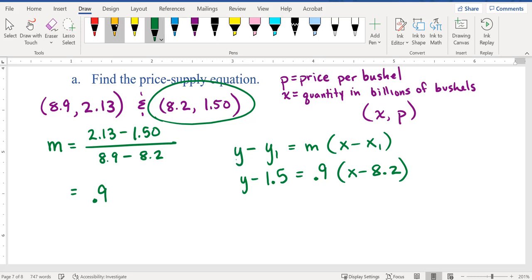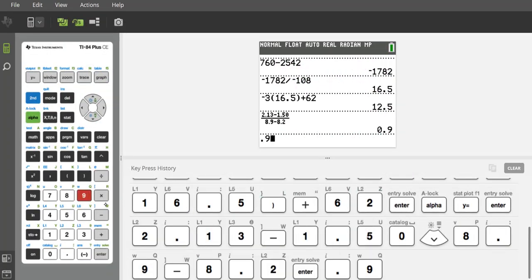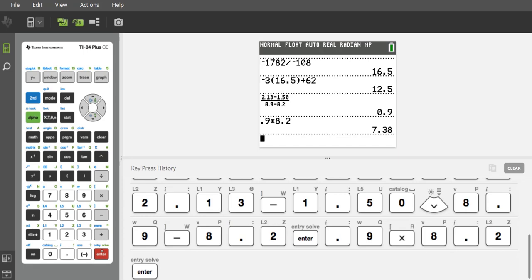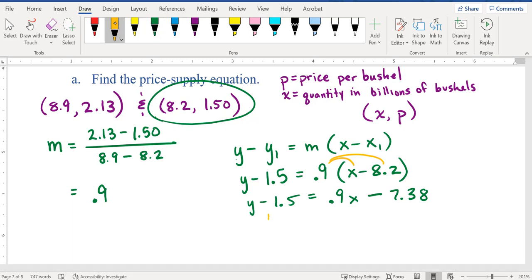Okay, let's get y by itself. So if I distribute here, I get y minus 1.5 equals 0.9x minus, what is 0.9 times 8.2? 7.38. To get y by itself, I need to add 1.5.